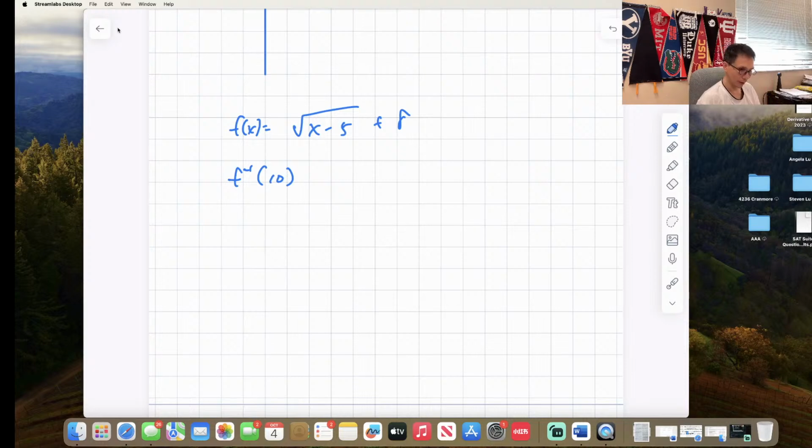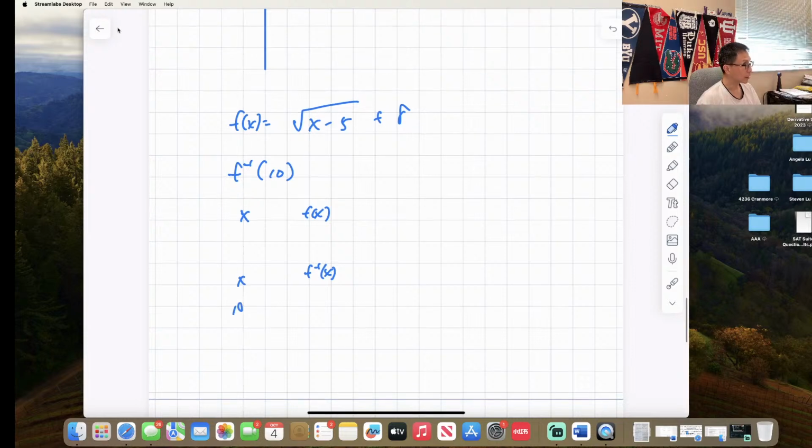Okay, good. So the reason this is 9 is because remember you have x and f of x. This means a coordinate, usually x and y. But you also have f inverse of x. Now they are asking for this to be 10. If this is 10, that means we want this value. However, we can use 10 to think about what this is. Well, this has to be 10 as well.